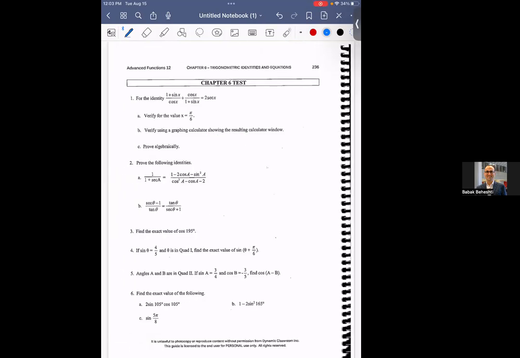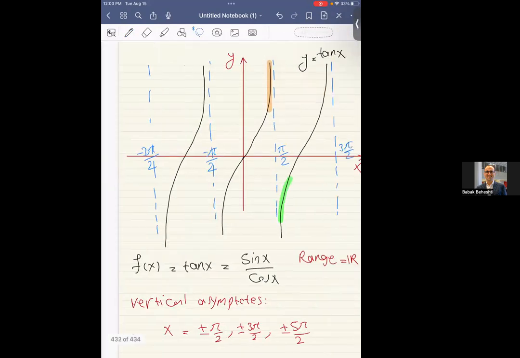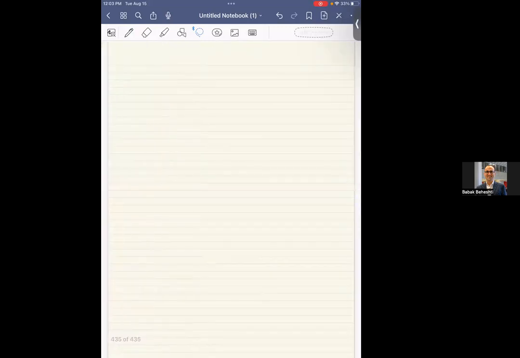This 2b, very good. I will do that. Secant minus 1 divided by tangent equal to tangent divided by secant plus 1. So we want to prove this.